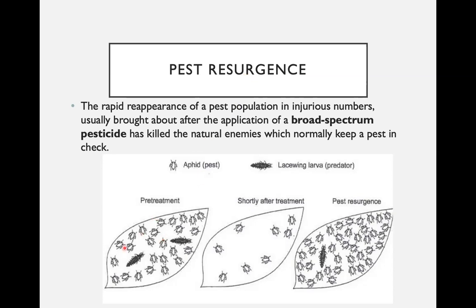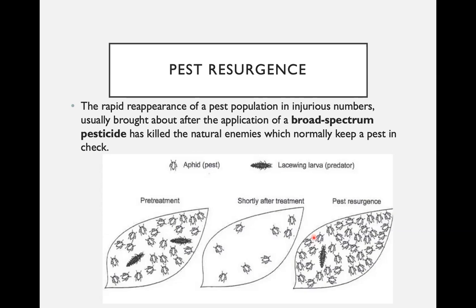In the first part of the figure, we have a plant with aphids, which is our pest, the little light colored ones. And these darker insects are lacewing larvae. They're a natural predator of the aphids. If we spray a broad spectrum pesticide that kills most of the aphids but also takes care of all of the natural enemies, those remaining aphids are going to go on to reproduce in the absence of the predator.